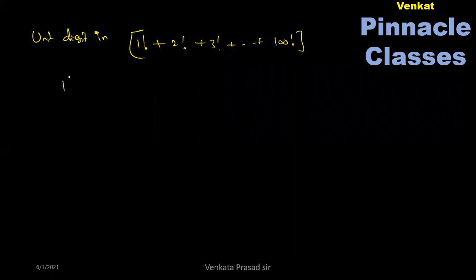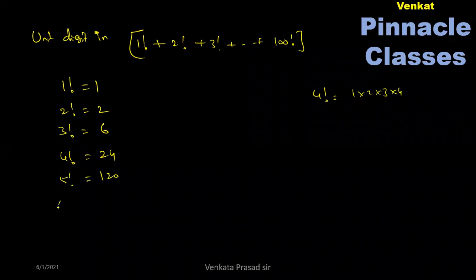Tell me what is the value of 1 factorial? 4 factorial means 1 into 2 into 3 into 4, like that. 5 factorial up to 100 factorial, what is the unit digit coming?